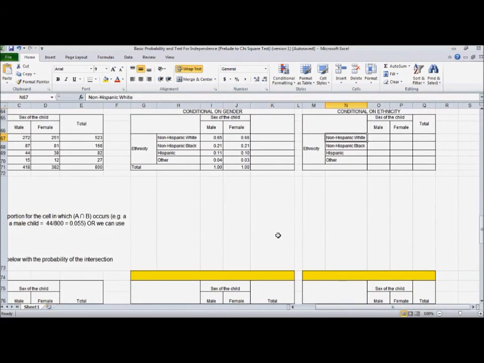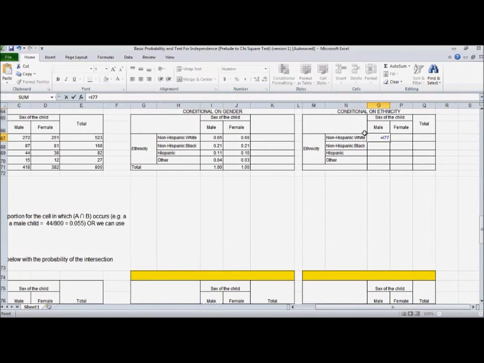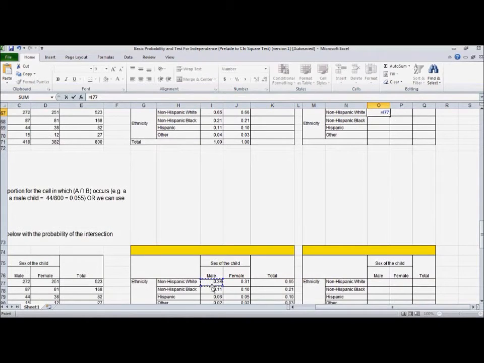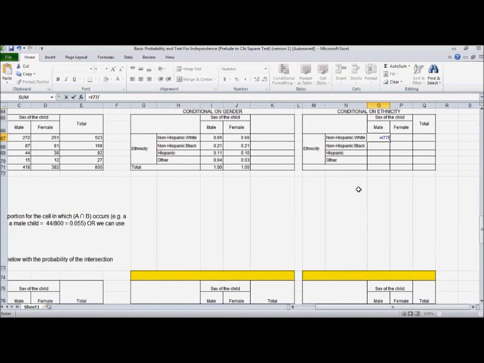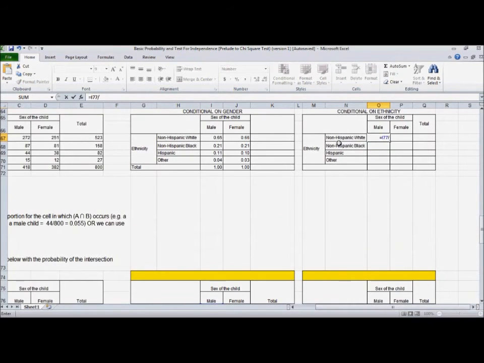The probability of A and B is still the intersection. It's this cell here, except now I'm going to divide differently. In this case, the probability of male and non-Hispanic white is I77, divided by, now I'm saying given non-Hispanic white.